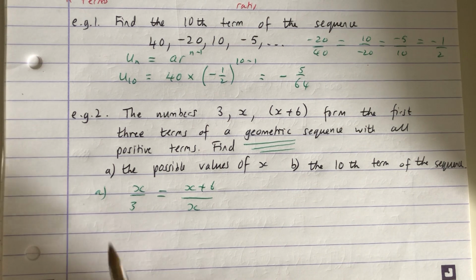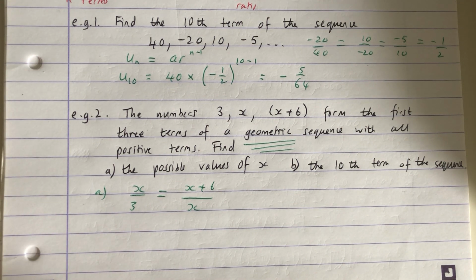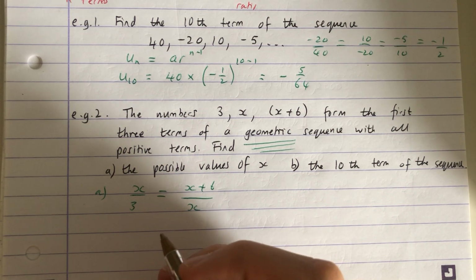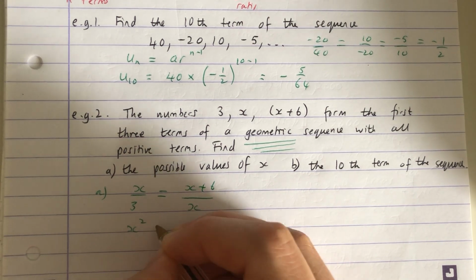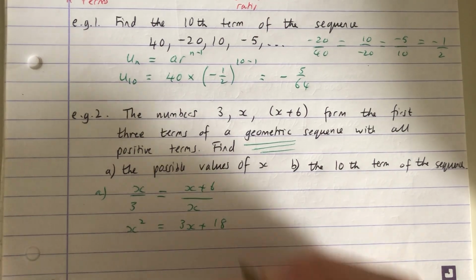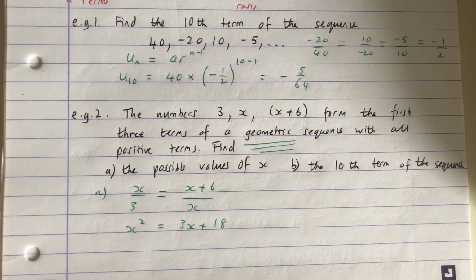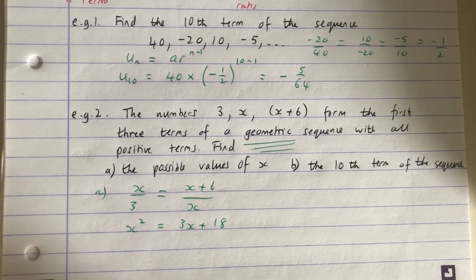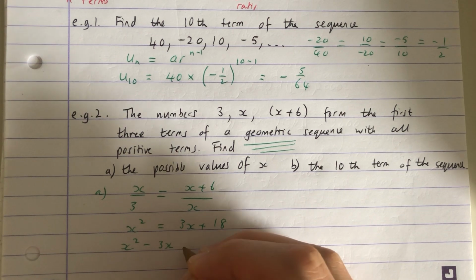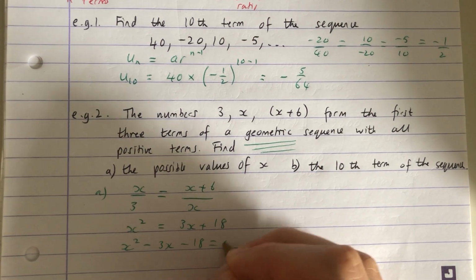If you attempt to solve this equation, you probably should multiply by the denominators. So times everything by 3x, this goes to x squared, and this goes to 3x plus 18. This is a quadratic, so you take everything to one side and make it equal to 0.